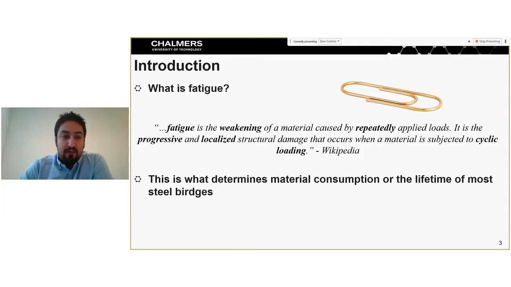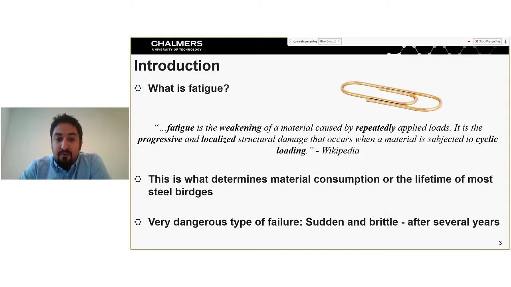This failure mode is what determines the material consumption and the lifetime of most steel bridges, and it is a very dangerous type of failure, especially in old bridges and where old steel was used. The failure can be very brittle and sudden and occur after many years of operation, so you don't get any warnings.